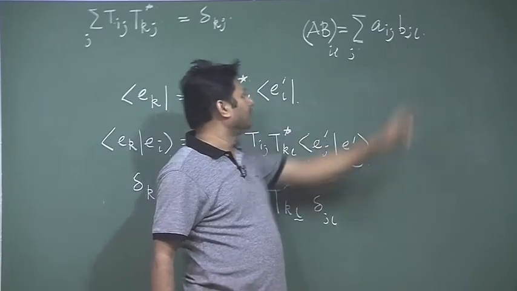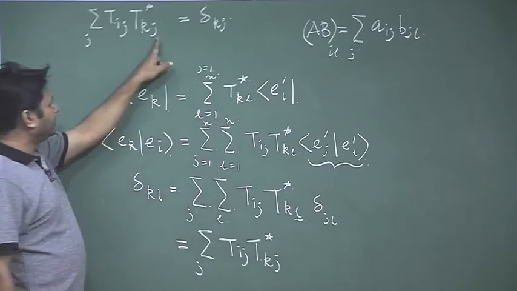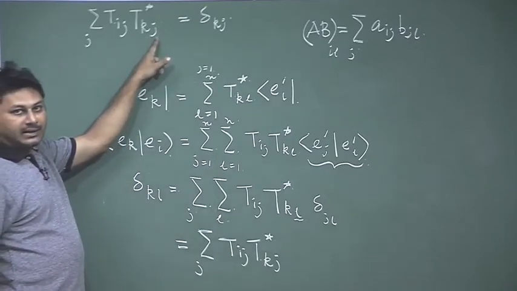So this is the rule, but here I find J and J sitting here and here, not here.